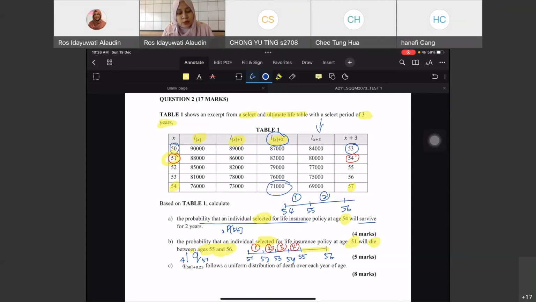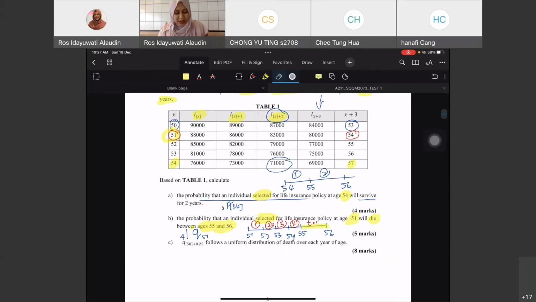And we are just interested in the probability from 55 to 56, where the T here is 1 year. So we are supposed to write 1 here, but as I already mentioned, we normally do not write 1 if the T or S is equal to 1, so we just leave it blank here. We know that it is 1. So we have to find this probability.